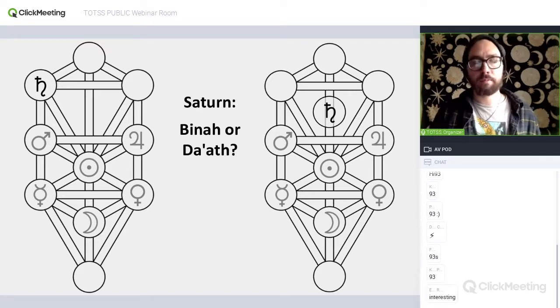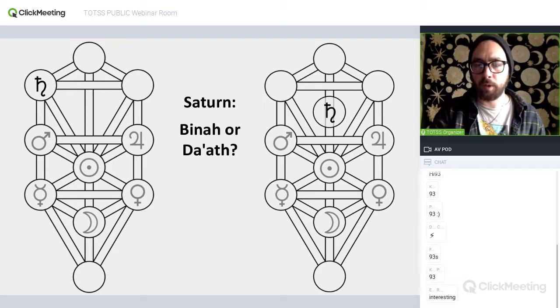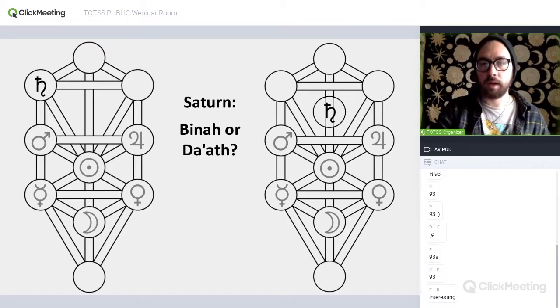So the symbolism of both is important, and you should be familiar with both and realize that in certain circumstances, one or the other correspondence for Saturn will be the appropriate one. And as we'll see in a minute, we will need Saturn in Da'ath for understanding the symbolism of the hexagram.